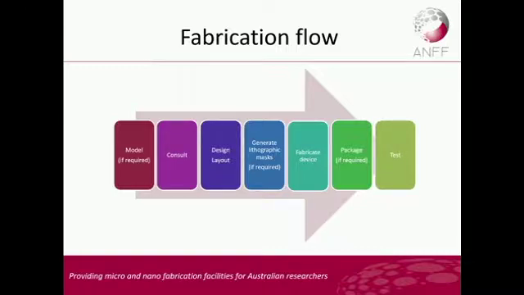And then at the end, we do some kind of packaging if required. So it might be the device needs to connect to the outside world, or it needs to be put in some sort of package, needs to be hermetically sealed, whatever that needs to be. And then at the very end, you want to know if this thing that you've spent months making actually works. So we need to do some form of test at the end and make sure it works.